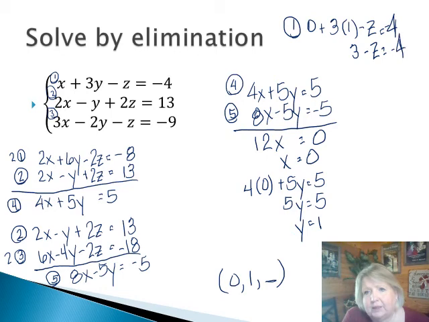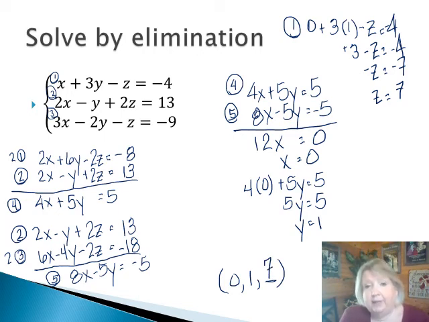Well, I'm going to subtract 3 from both sides. That leaves me with -z is -7. So z is 7. I think my answer is 0, 1, 7.